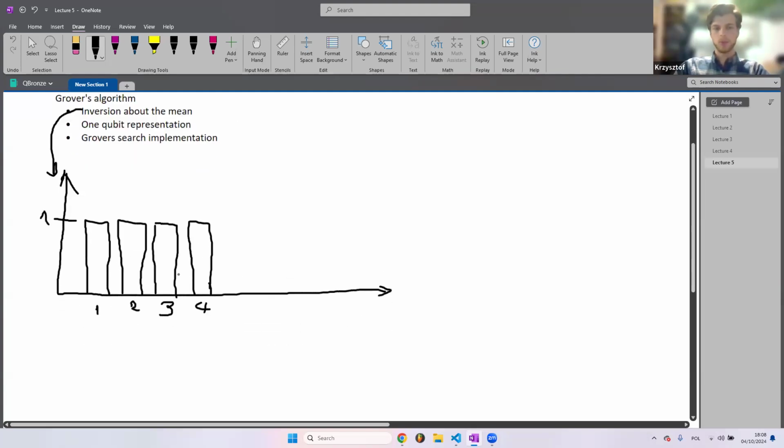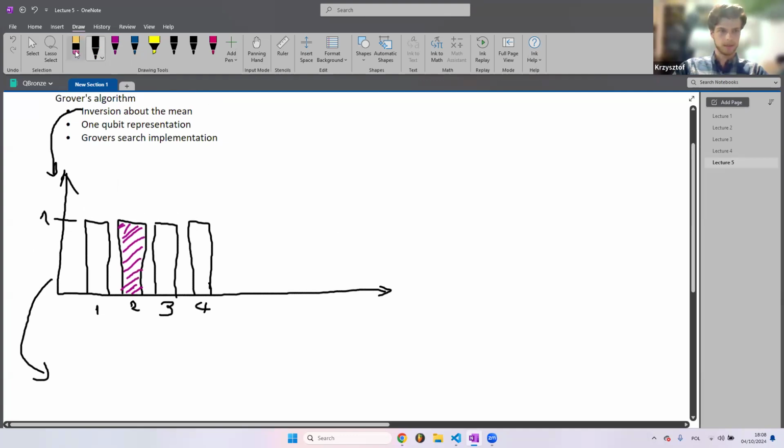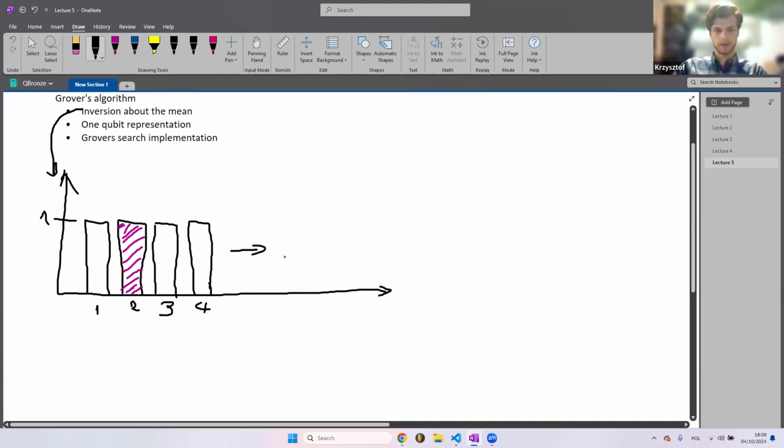And now we know that we label the second element, and in the next step we flip the value of our second element.